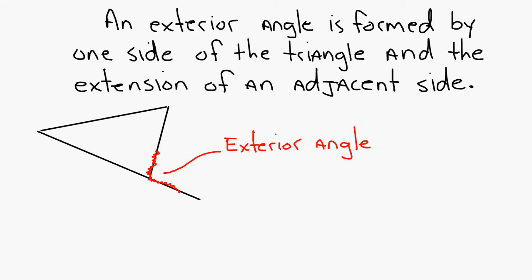You see how it is formed by the red side of this triangle, formed by one side of the triangle and the extension of an adjacent side. So the extension of an adjacent side would be this blue side, and it's extended. So when you extend the adjacent side, it forms this angle. That's an exterior angle of a triangle.